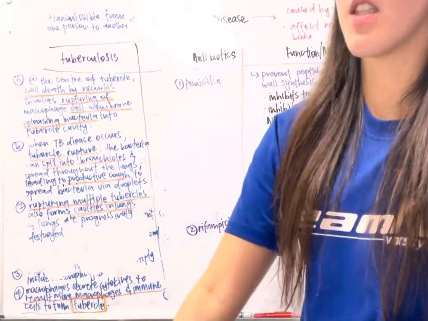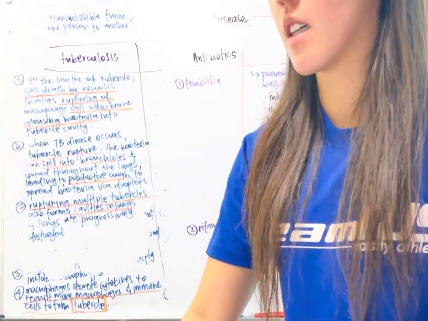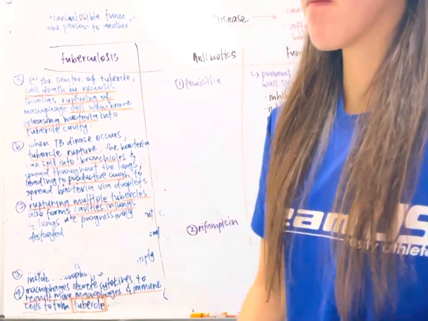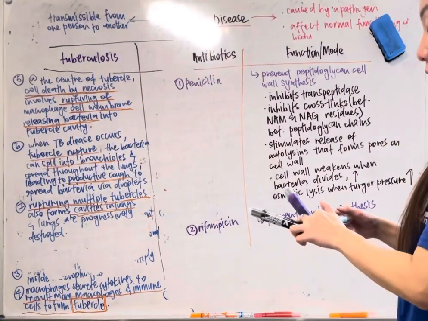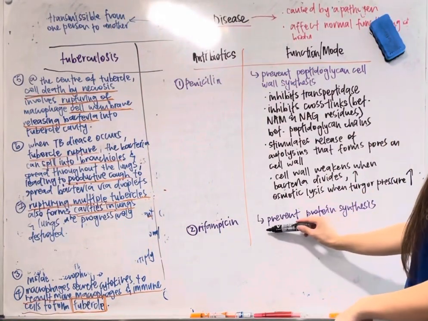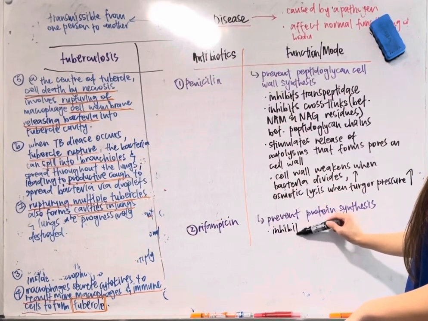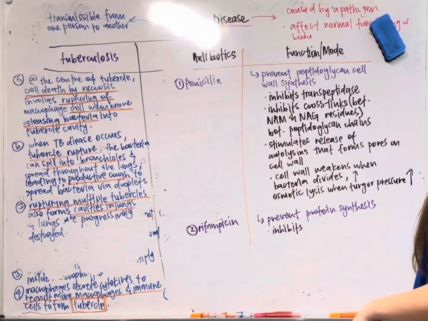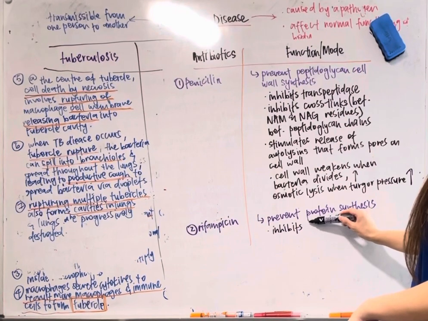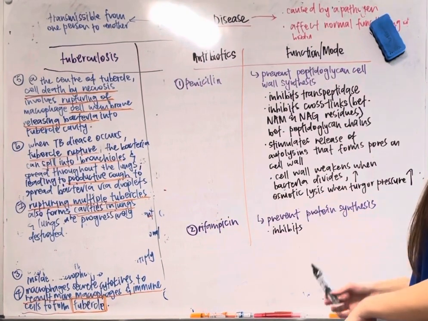Rifampicin prevents protein synthesis when it enters the bacterial cell. Same thing, you need to know what rifampicin does. It inhibits a particular enzyme. Any idea what it is, Valentia? Give me a hint: it prevents formation of RNA.